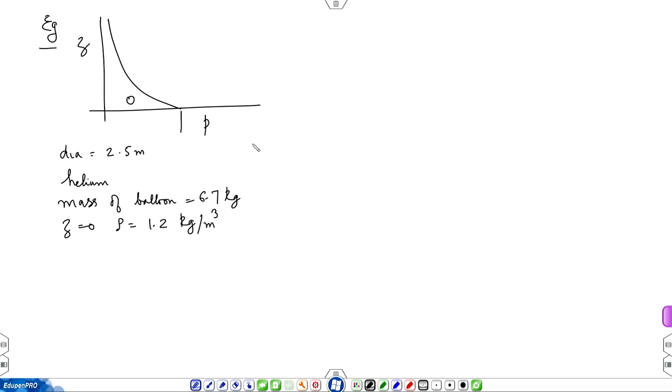So, balloon volume is equal to some 4/3 pi r cube meter cube.